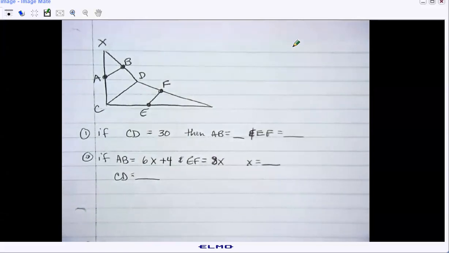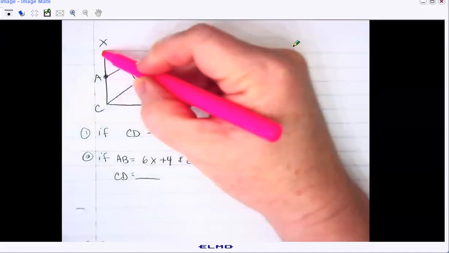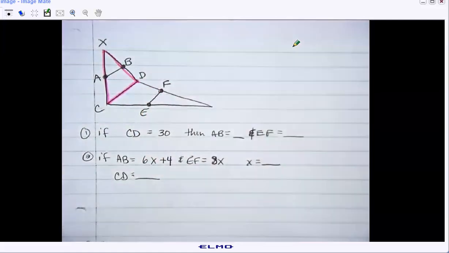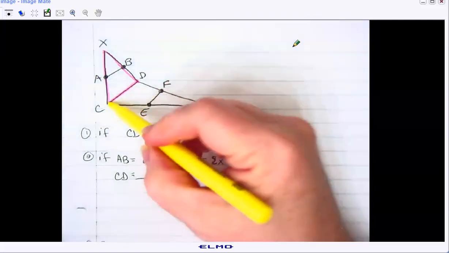Okay, so if we're looking at the triangles, so there's a triangle. Yellow to show it here. And then here's a triangle.